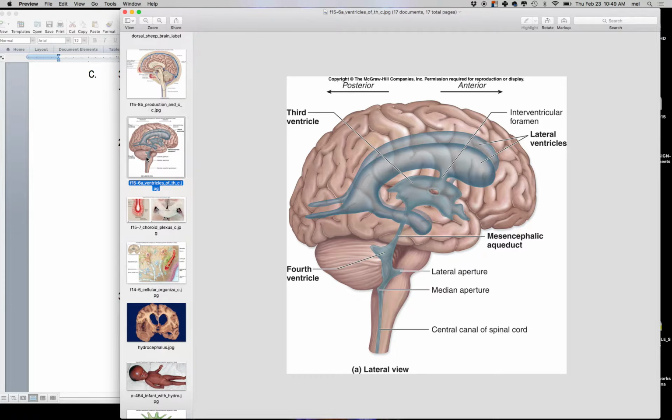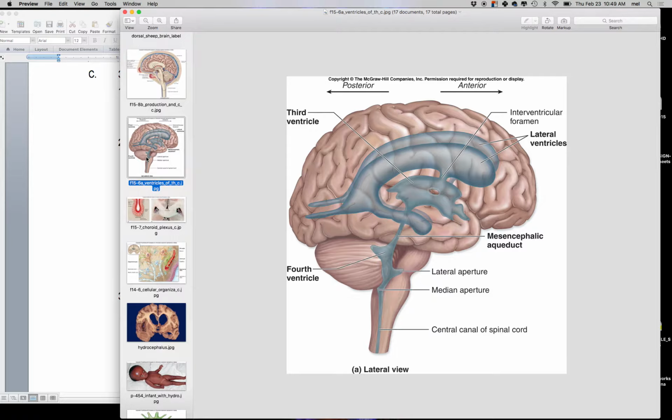And then from here, the chicken neck on the way down, that's not a ventricle, it's called an aqueduct. And there's 2 names for it. The name that they used to use was the cerebral aqueduct, which is way easier to spell. Now they have changed the name to the mesencephalic aqueduct, which won't make a damn bit of sense to you until we realize later that this is not actually running through the cerebrum, it's running through the mesencephalon.